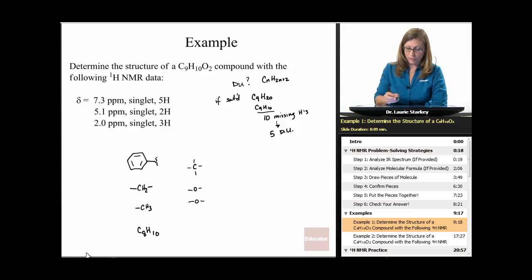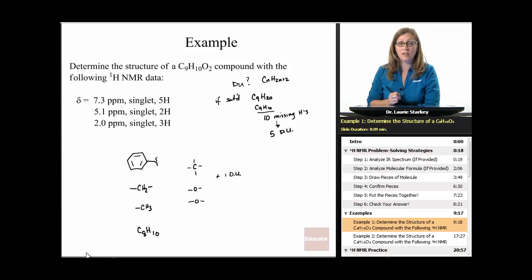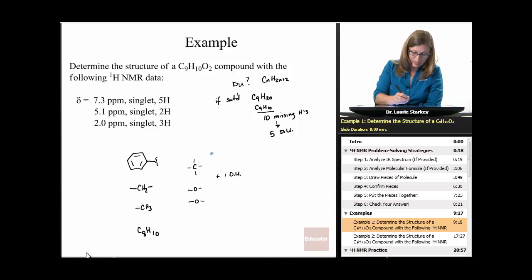Let's check our formula. Our formula says we need 5 degrees of unsaturation. How many have we shown so far in these pieces? We've only shown a benzene ring, which has 1, 2, 3, 4 degrees of unsaturation. So we still have 1 degree of unsaturation that needs to be in our structure when we're done. Now this looks like a lot of random pieces, but take a look at this.